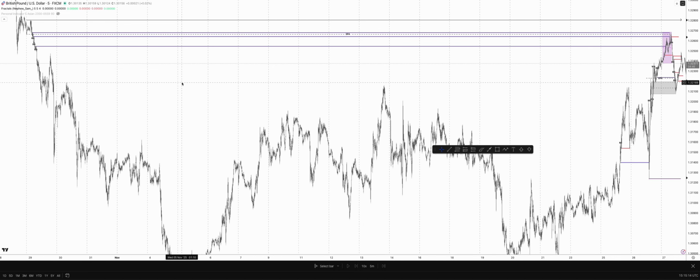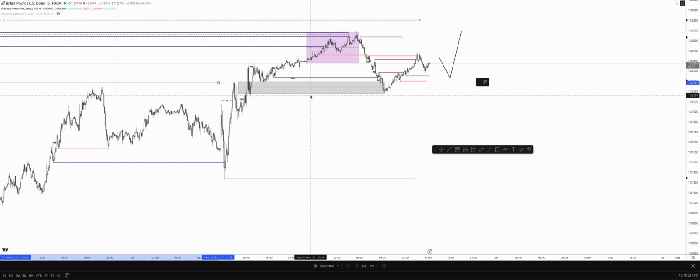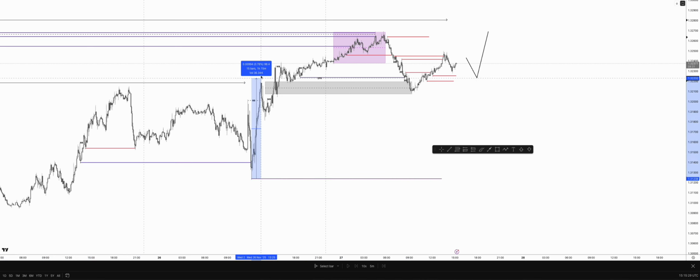So your next H4 higher time frame, you could have easily caught a great move of nearly 100 pips in just under 2 hours.